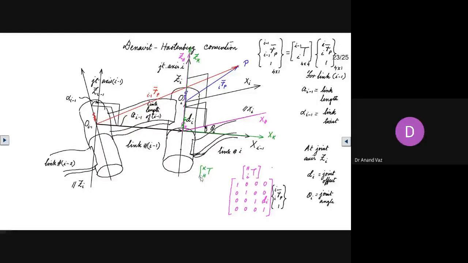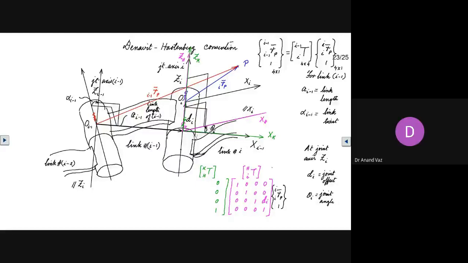It's also a 4 by 4 matrix, but it's one of pure rotation, and because it's pure rotation, the origins are the same. You see, the origins are coinciding. So here we will have 0, 0, 0, 1, because the origin of frame H is coinciding with the origin of frame K. What about the orientation?